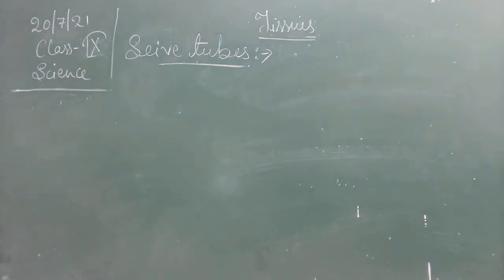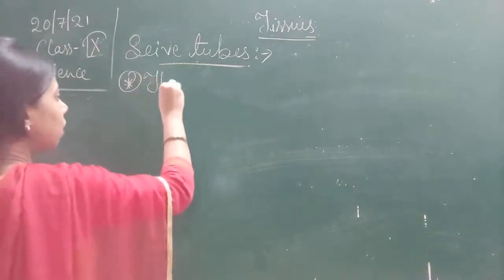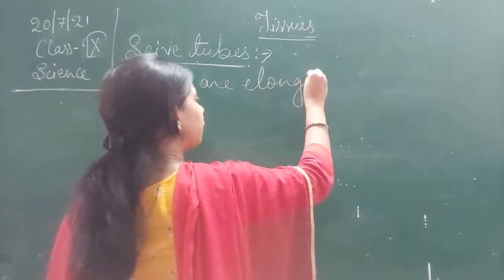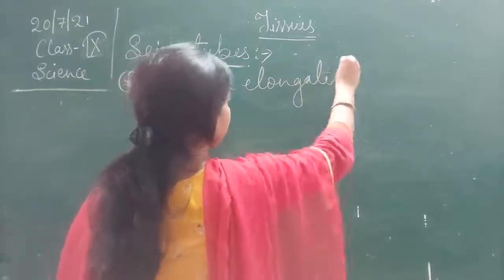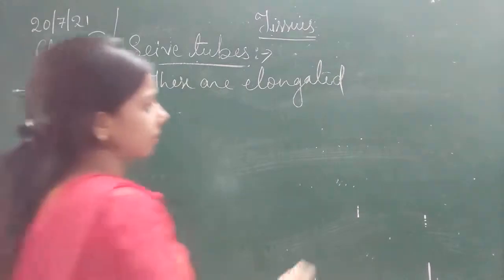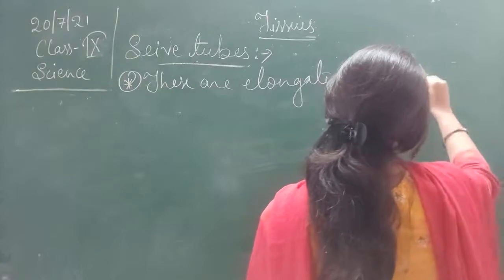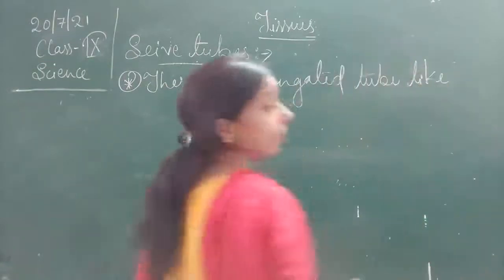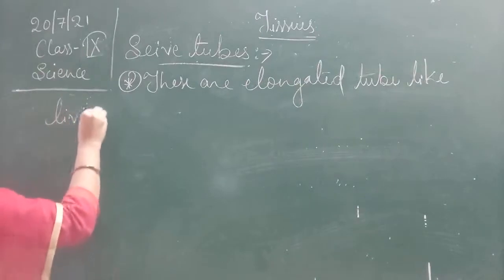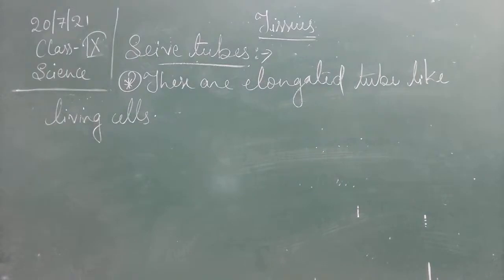The first point: these are elongated, tube-like living cells.